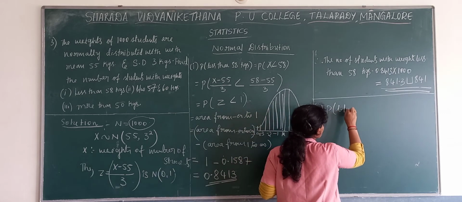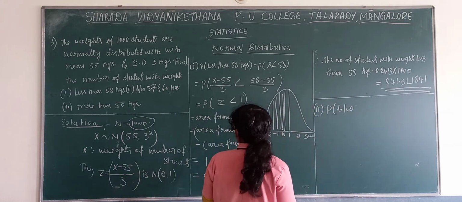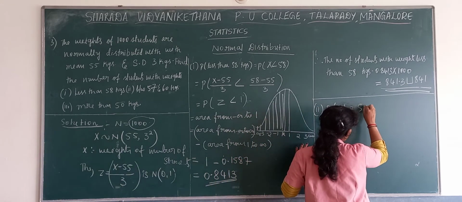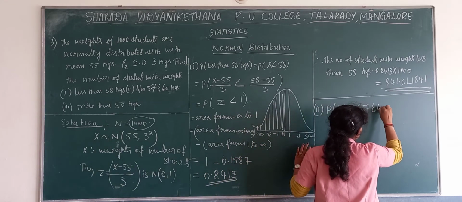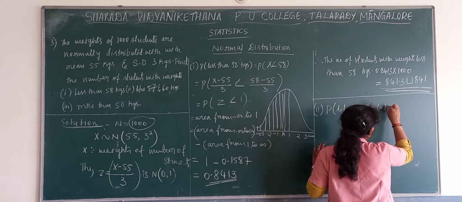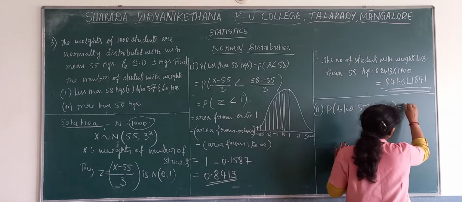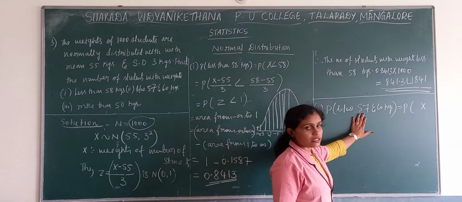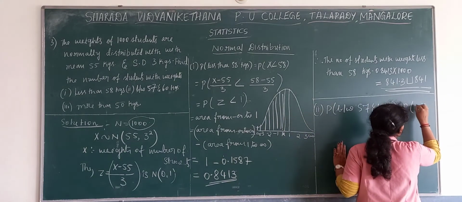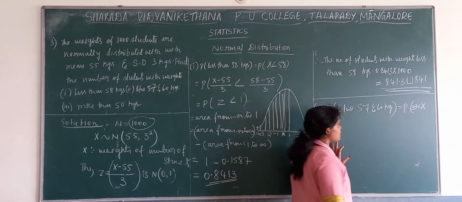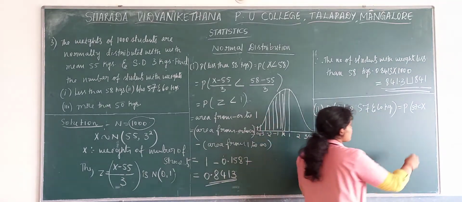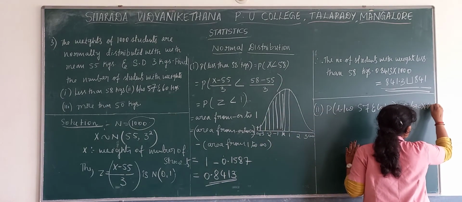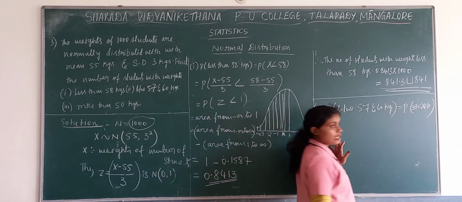Between 57 and 60 kg, so X is greater than 57 kg and X is lesser than 60 kg.